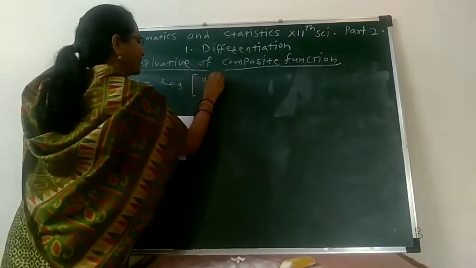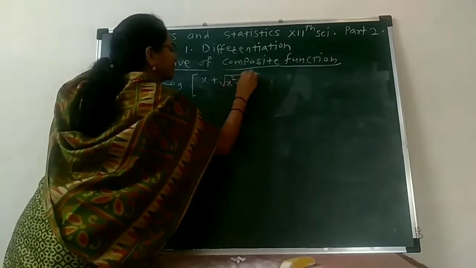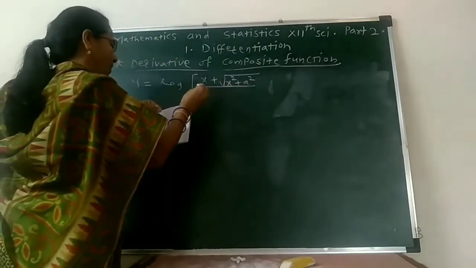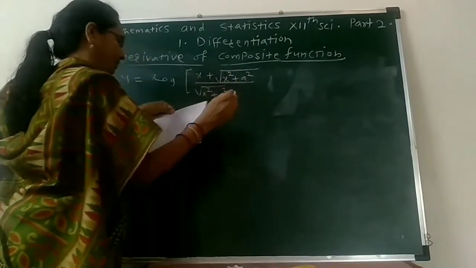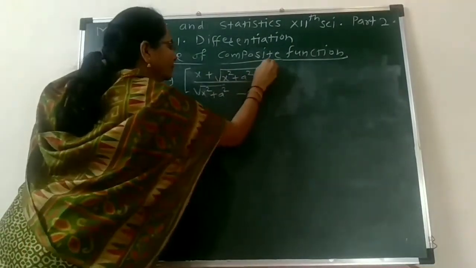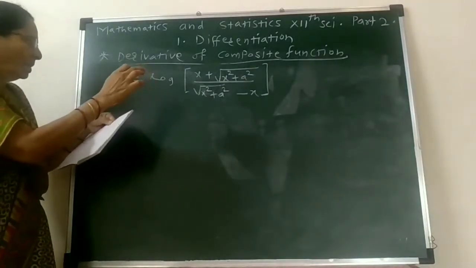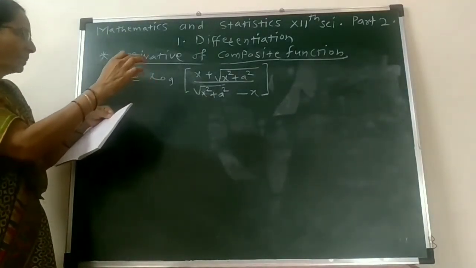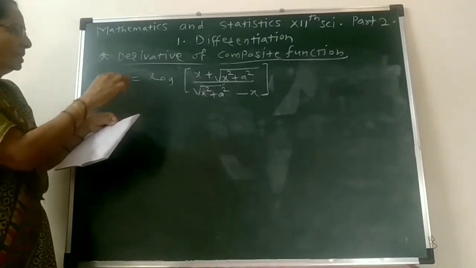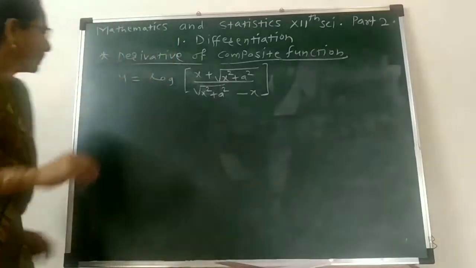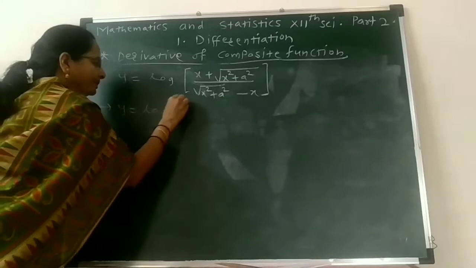Next problem: y equal to log of (x plus root x square plus a square) upon (root x square plus a square minus x). Now start: y is equal to log.